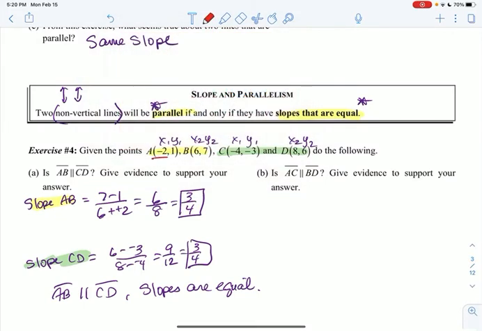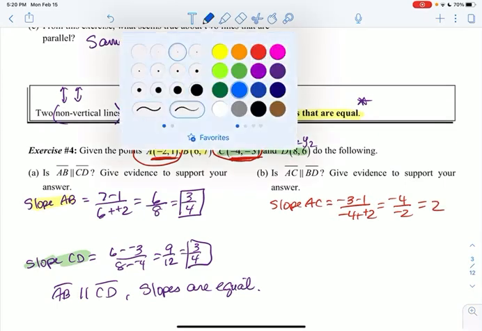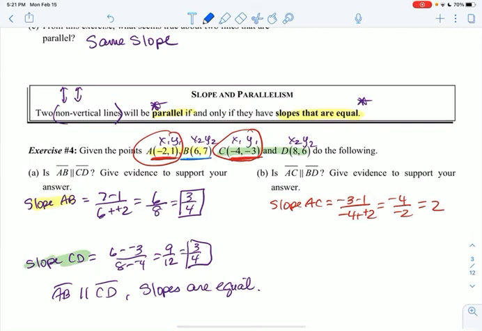So AC, now I'm looking at these 2. So the slope of AC: negative 3 minus 1. I subtract the y's, that goes on top. Negative 4 minus negative 2. So that's negative 4 over negative 2, which is 2. And then I want to find the slope of BD.